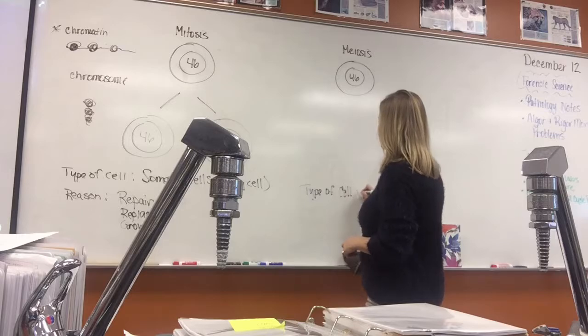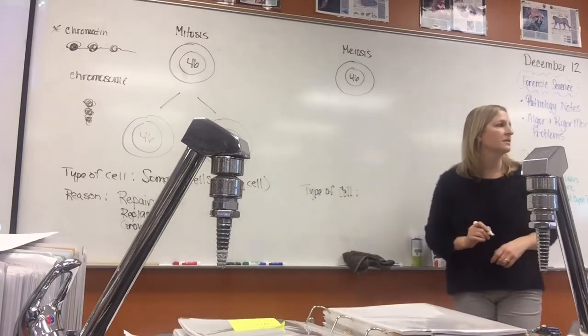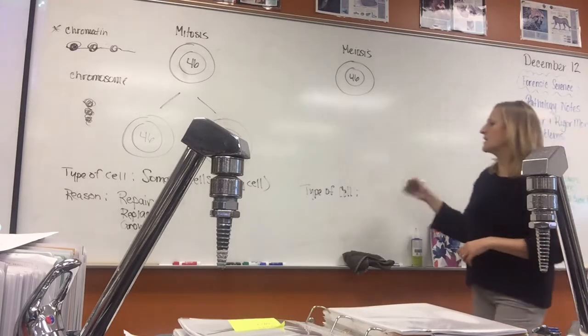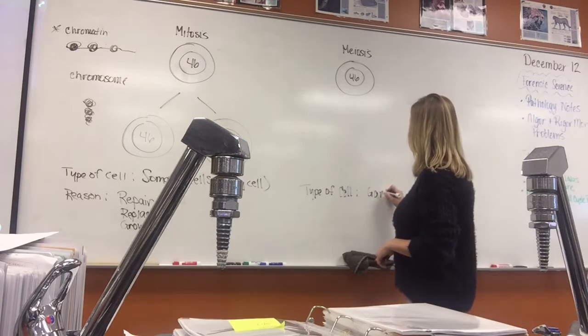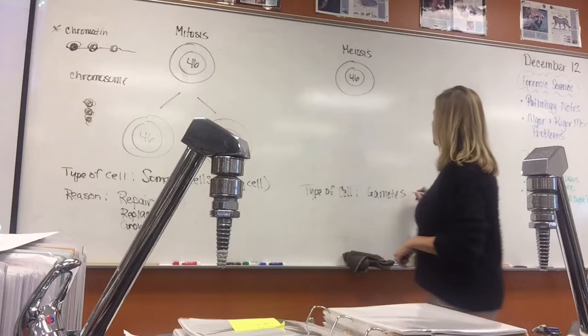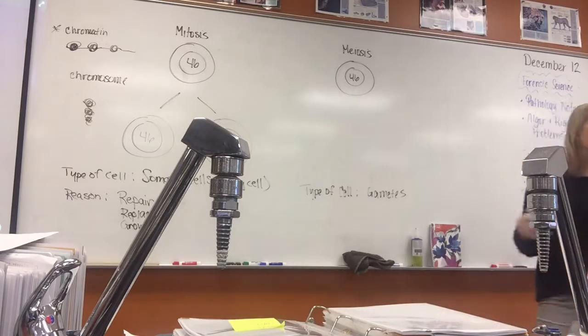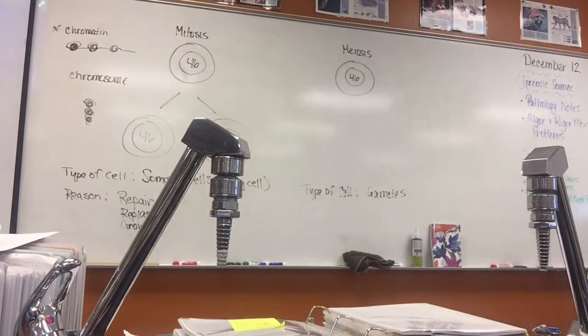What type of cell is made here? Yeah, this is the making of the gametes. And so gametes are reproductive cells. These are egg and sperm cells. So this is what we're making in meiosis.